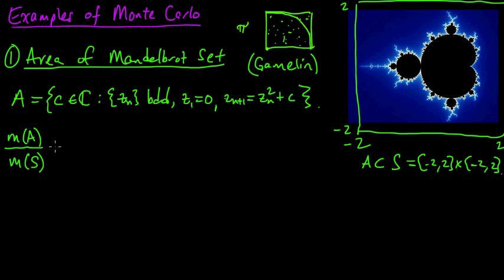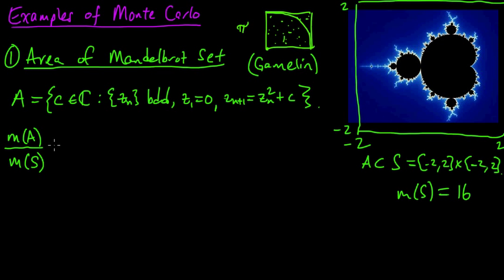That's some fraction, some number between 0 and 1. We can think about that as the probability that a uniform random variable in the square S lands in the Mandelbrot set. So this is a probability. And the measure of S is, of course, 4 by 4, so the area of S is 16.